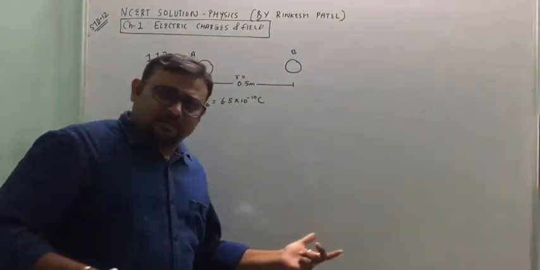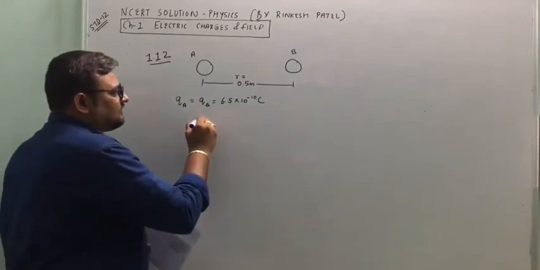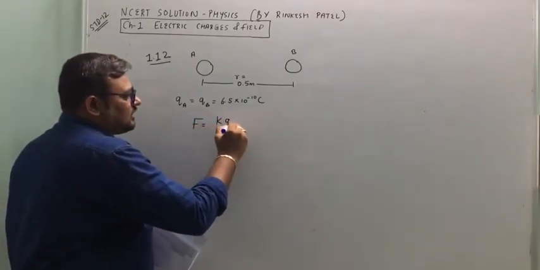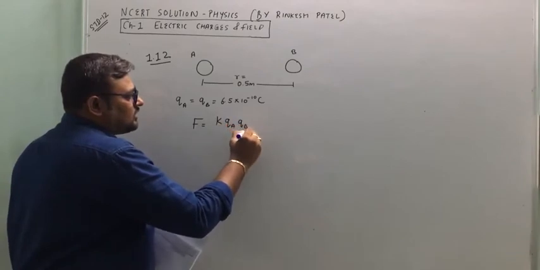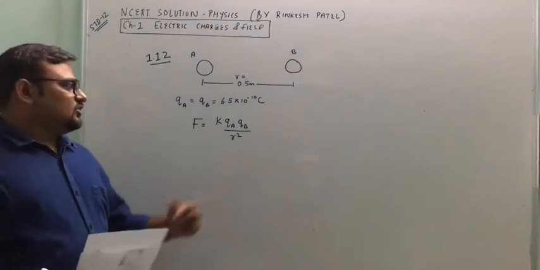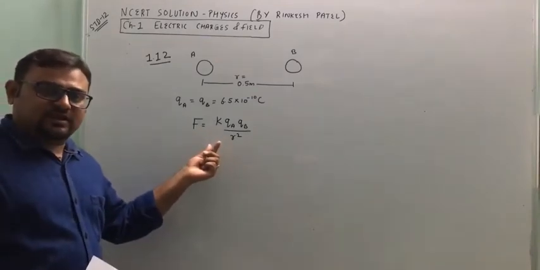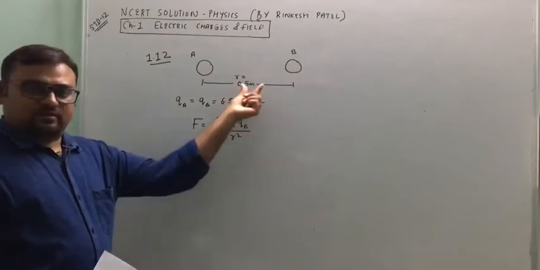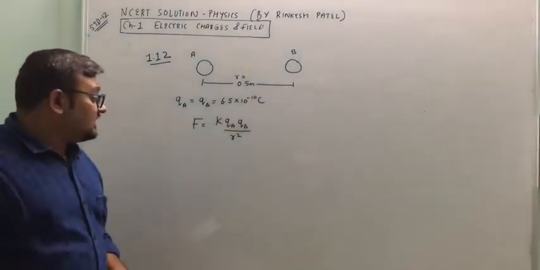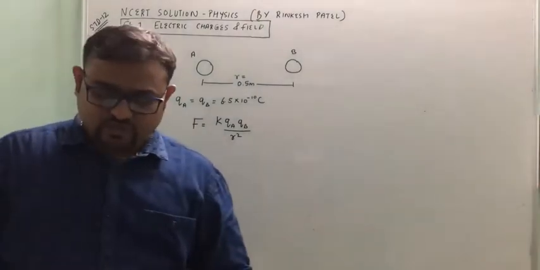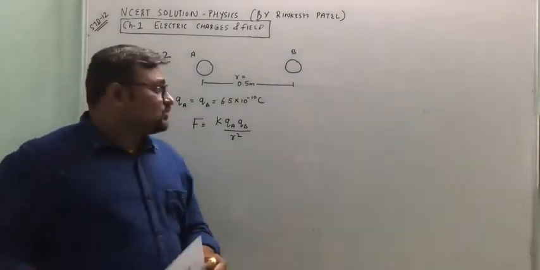It is just applying Coulomb's formula: force F is equal to K QA QB upon R square. Put in K, that is 9 into 10 raised to 9, QA, QB and R, and you will get the force acting between the two spheres. This was part A.